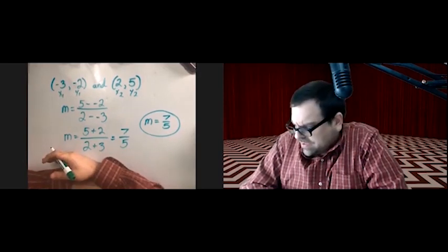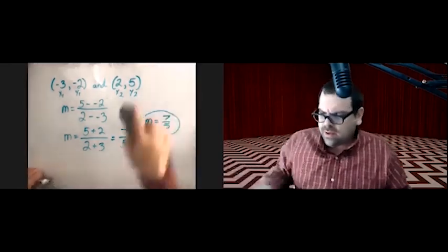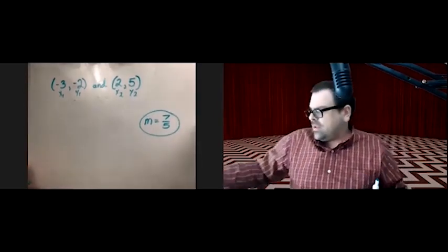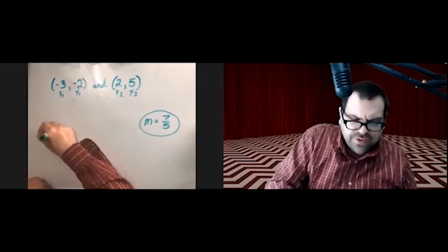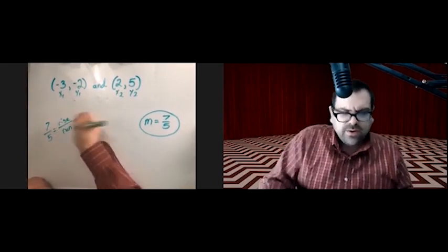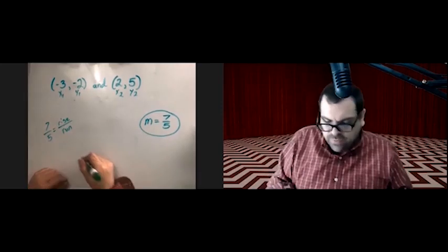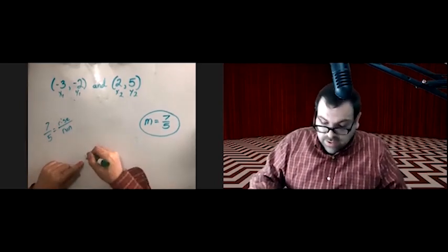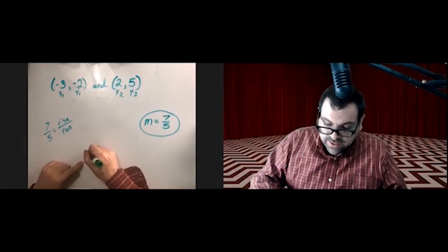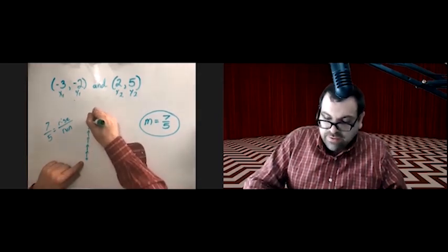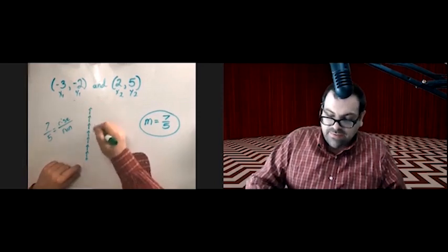Now, what does that actually mean? That means that 7/5 is the rise over the run of this line. If we have a point, then to get another point, we would have to rise 1, 2, 3, 4, 5, 6, 7.